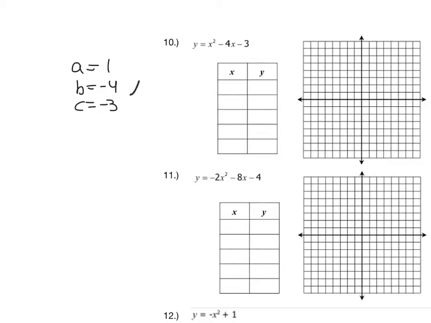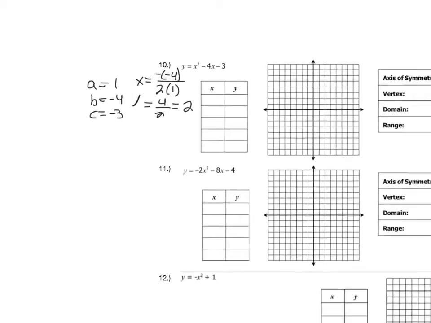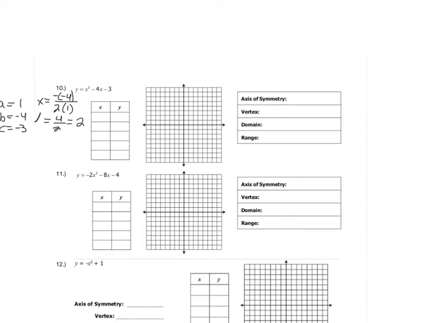All right. Now, just plug it into your axis of symmetry formula. So it's going to be x equals negative b, so it's negative 4 over 2 times 1. Well, negative negative 4 is positive 4, and 2 times 1 is 2. So your axis of symmetry is going to be positive 2, and we could fill that out on this end.